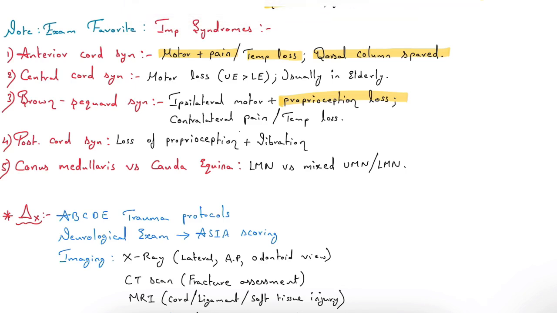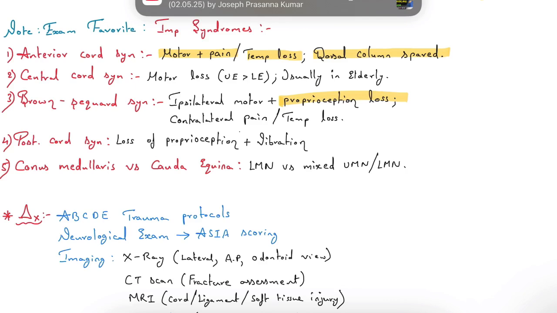Here we can see mostly lower motor neuron signs like saddle anesthesia. Saddle anesthesia means, how can I explain, if you are horse riding, because of too much horse riding and jumping, our medial thigh, genital part, anal area and buttocks get some type of numbness.